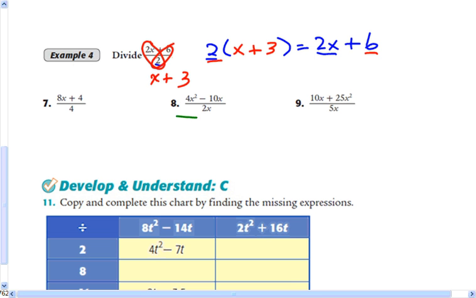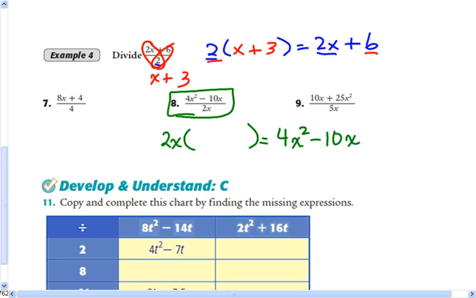So let's do number 8. What we want to think about is 2x times what equals 4x squared minus 10x. And so we need to get 4 from 2. That means we need a 2. And we need to get x squared from x, so we need an x there. Then we have a minus 10, so we'll put a minus there. Then I have to think of 2 times what number equals 10, and that would be 5. And x times what number is x, and that would be 1. So 2x minus 5 is my answer.